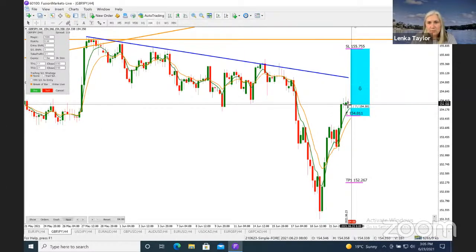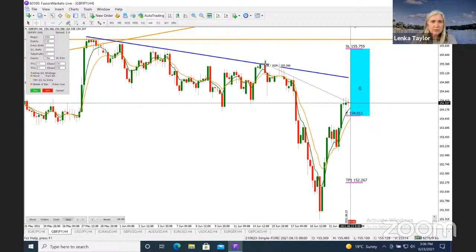So entry 2 bars back. I can't quite see that. Oops. 2 bars back, and close the stop loss.